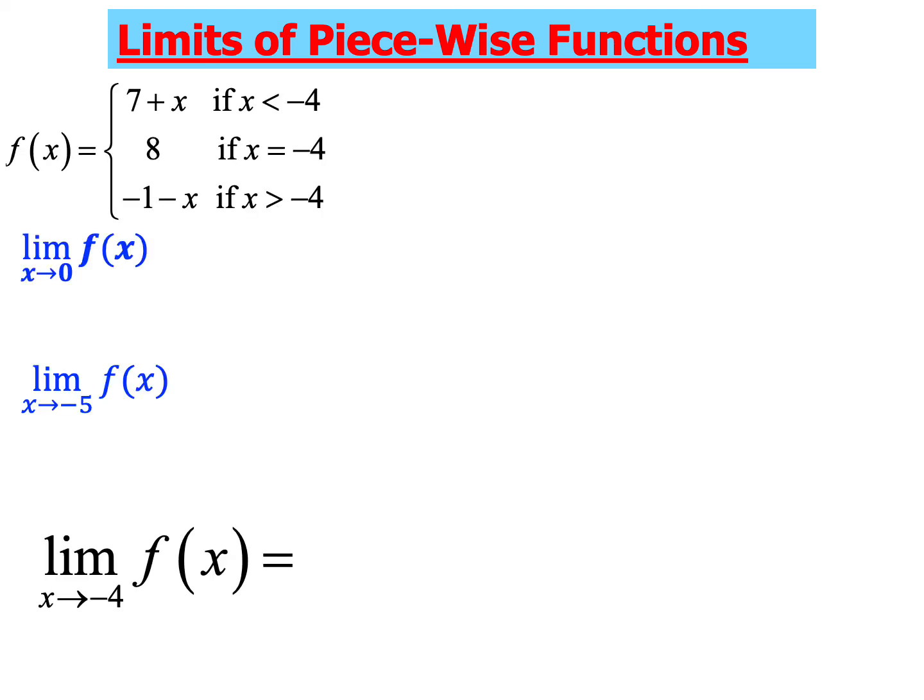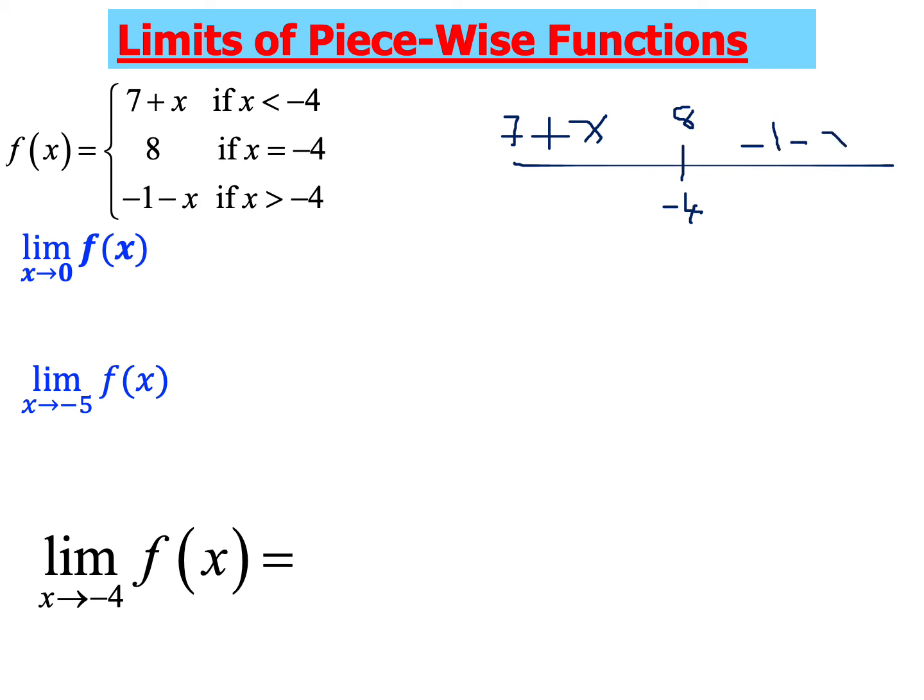Now let us take some advanced example. I have a piecewise function that has three cases: x less than -4, x exactly at -4, and x bigger than -4. At -4 exactly, the value is 8; less than -4, it is 7 plus x; and more than -4, it is -1 minus x.